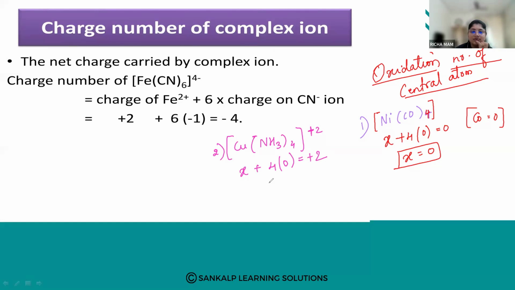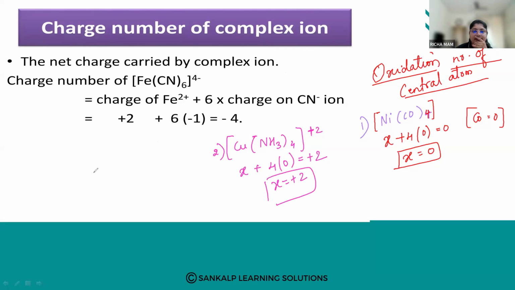Now find out the charge of the central metal atom. Yes, X is equal to plus 2. Very good. So the charge on the copper is plus 2.